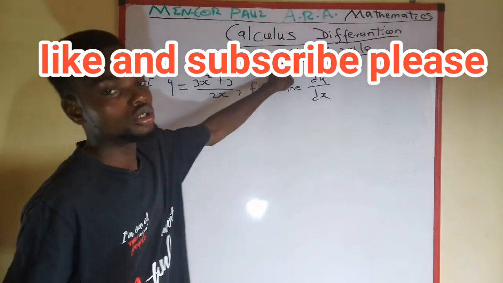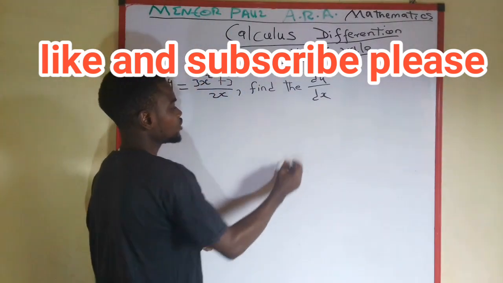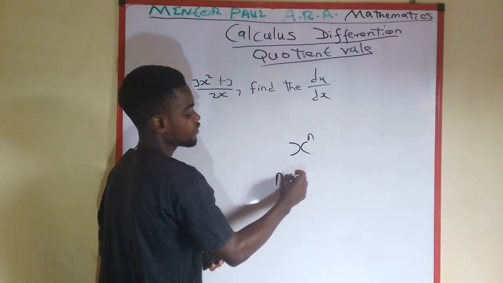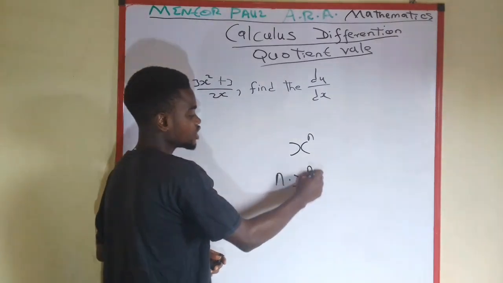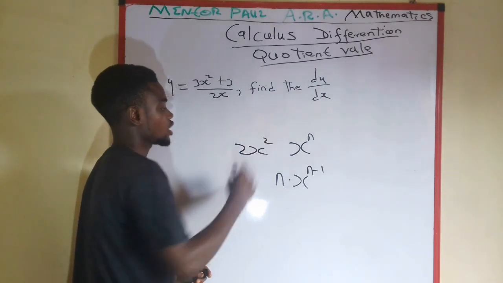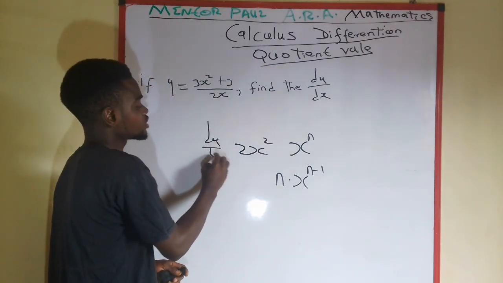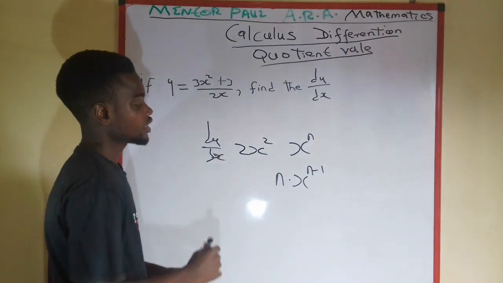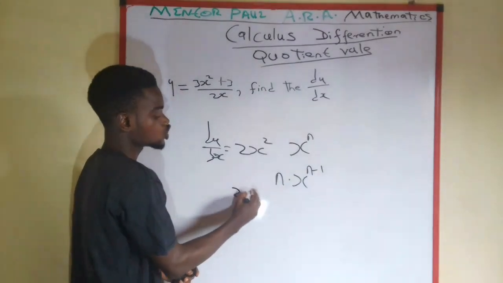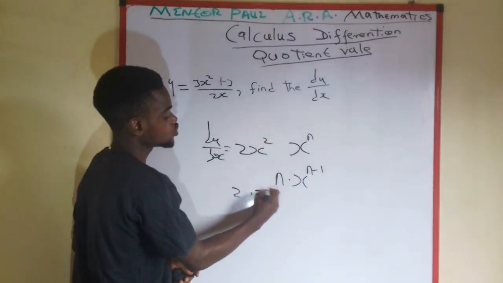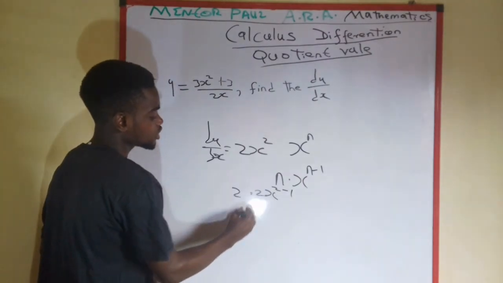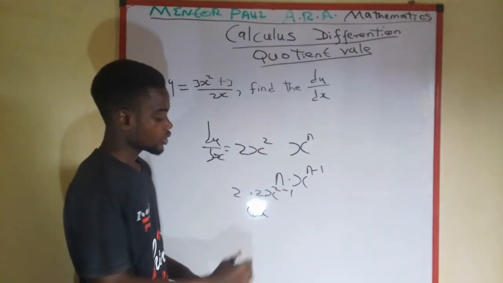Before I go into this, if you don't know what we mean by differentiation, it just means that if you have x with a power n, you bring down the n value, and the n value multiplies x, and then you take away 1 from the power. An example: if I have 2x squared, to find dy over dx of this expression, I bring down the 2, which multiplies by the 2x, giving 4x, and 2 take away 1 gives 1.